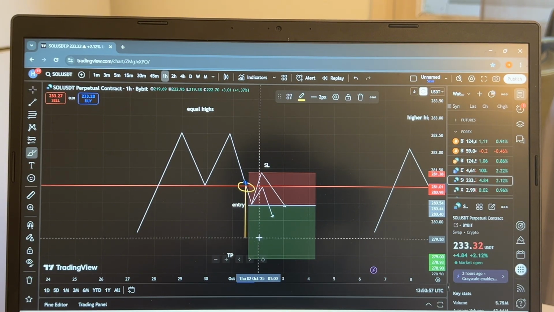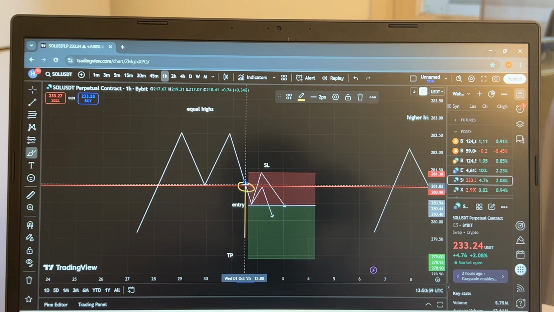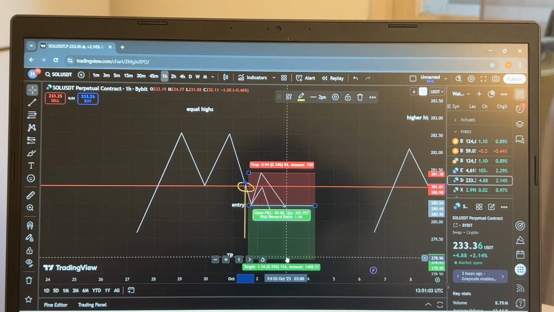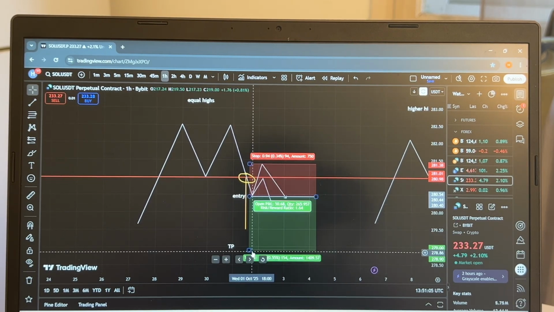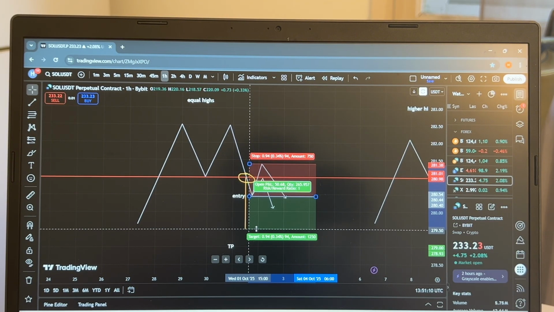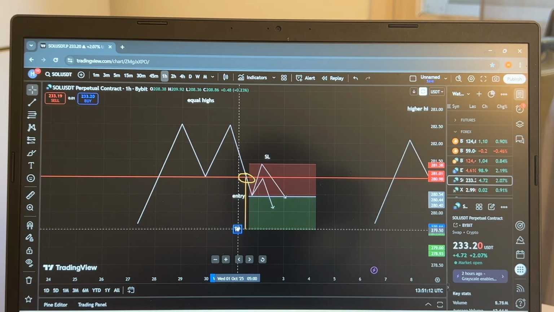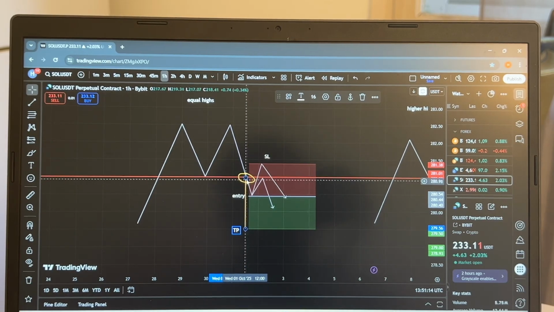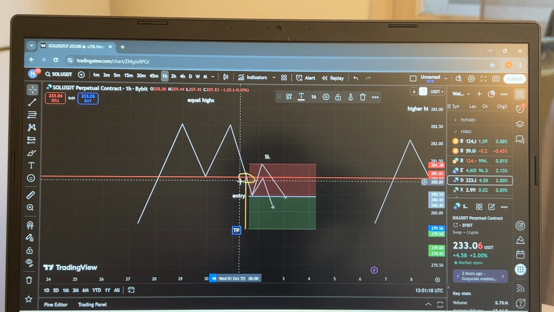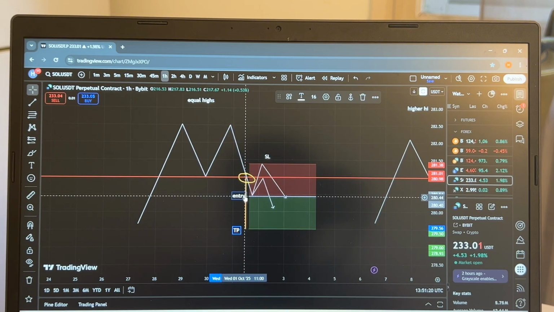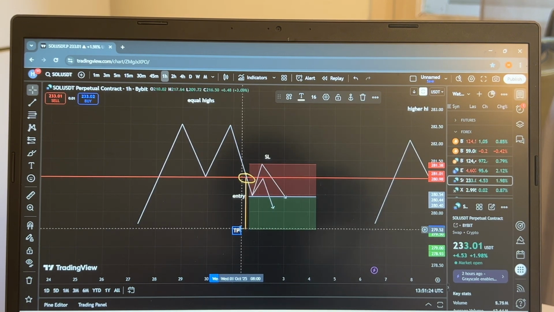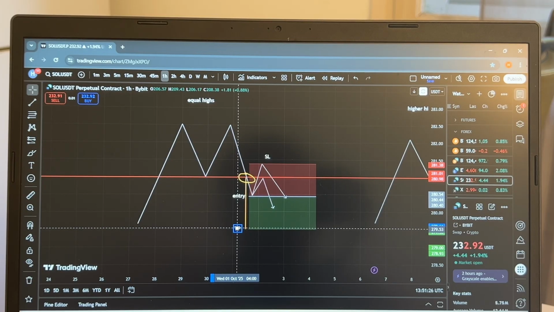From here to here, you need to bring your take profit to that level. Always keep that in mind. Bring the height to the point where it broke the neckline, not the entry point, and bring your take profit here.